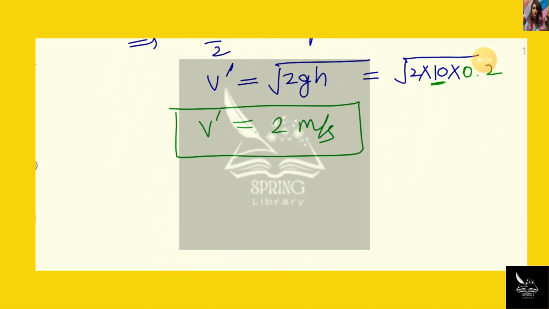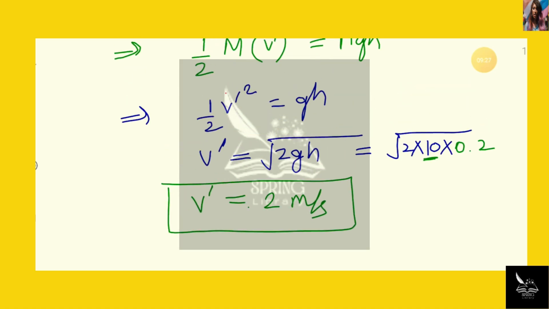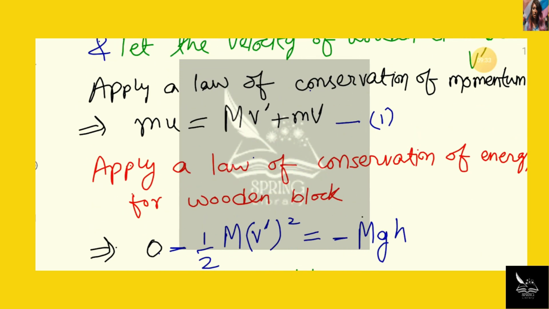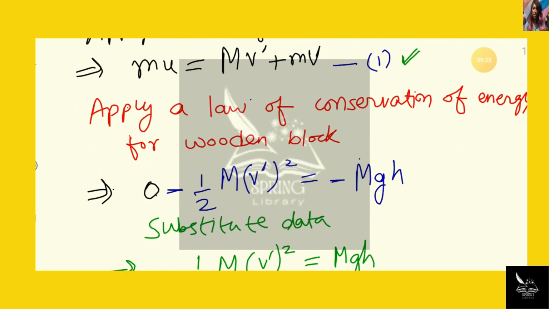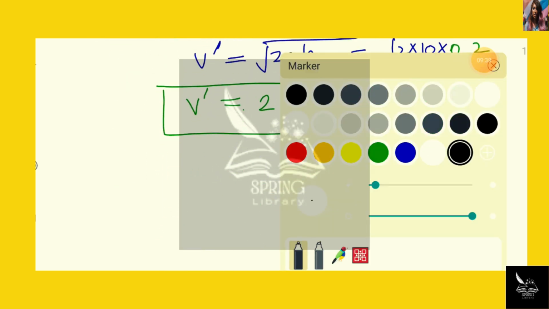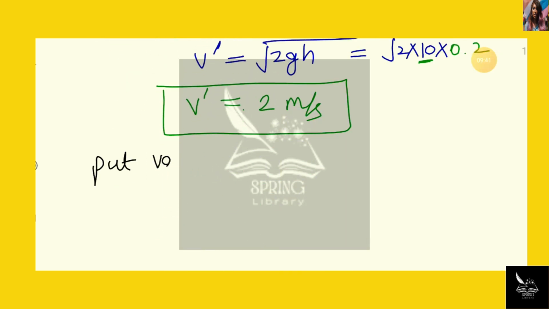So now the next step is to substitute this value of v dash, that is equal to 2 meter per second, in equation number 1.